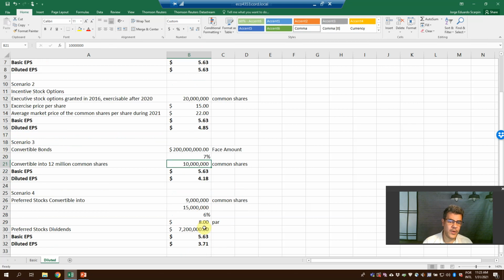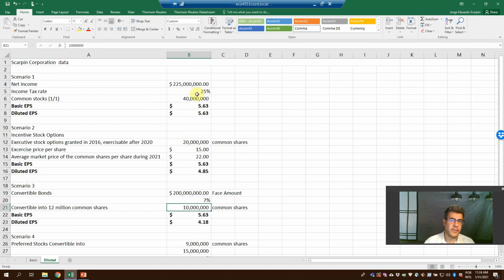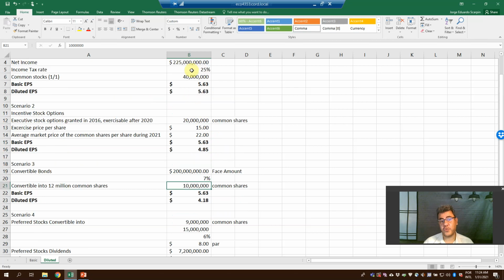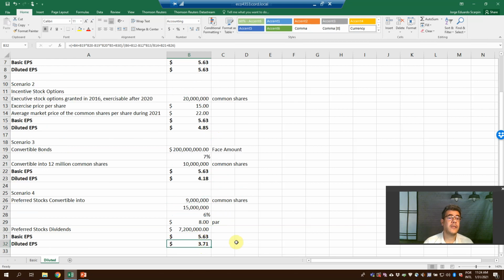And here we have some convertible preferred stocks. This net income here already had the preferred dividends taken off, so we will add them back again.